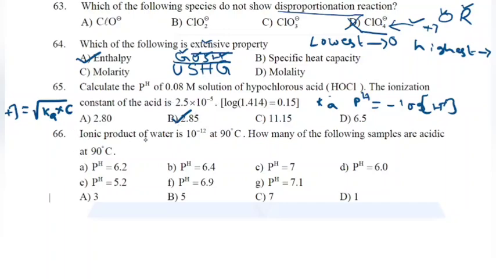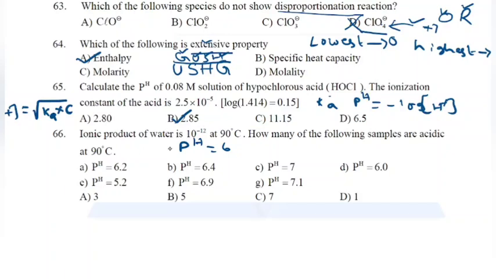Next one. Ionic product of water is 10 power minus 12 at 90 degrees centigrade. So H plus ion concentration times OH minus ion concentration is 10 power minus 12. In that case, the neutral pH is 6, right? If it is 14, it would have been 7. If it is 12, it is 6. Then how many of the following samples are acidic in nature?